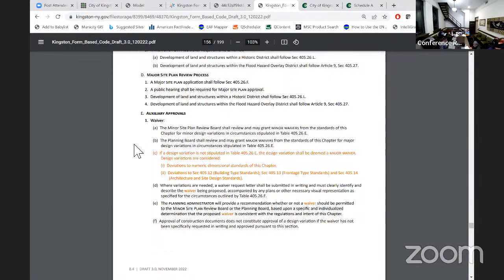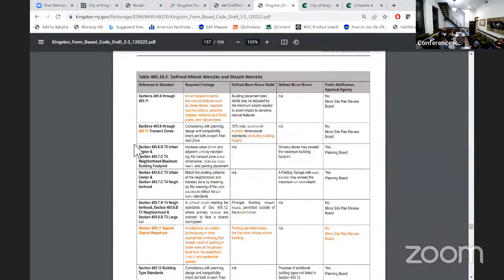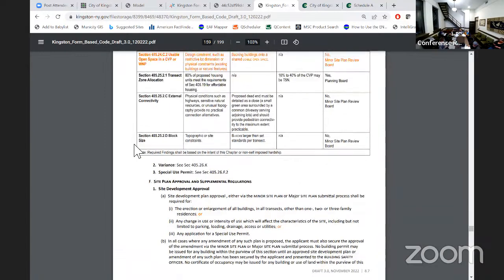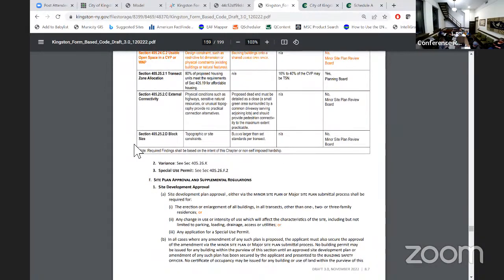Let's see, moving on, we talked about switching. Okay, when there are amendments, it says on page 8.7, under F1B, in all cases where any amendment of any such plan is proposed, the applicant must also secure the approval of the amendment via the minor site plan or major site plan submittal process.